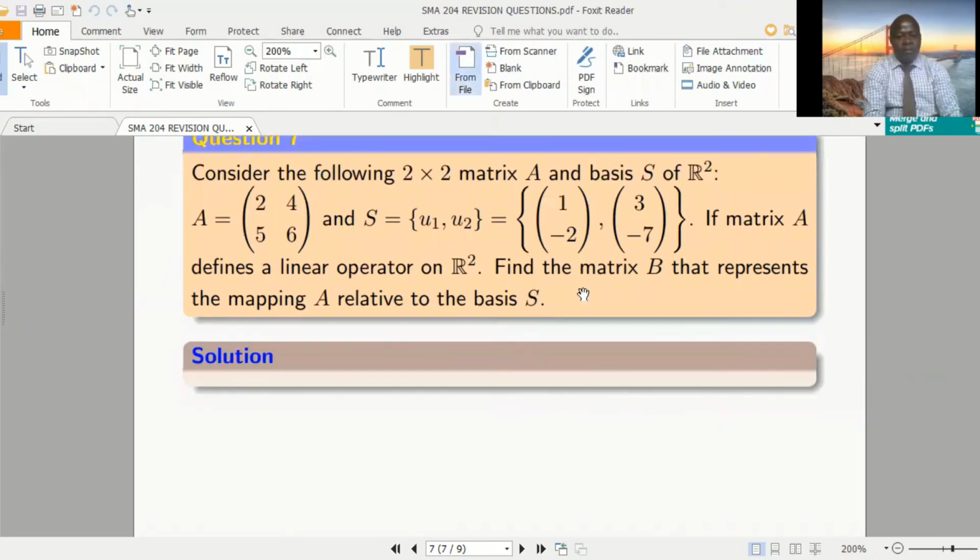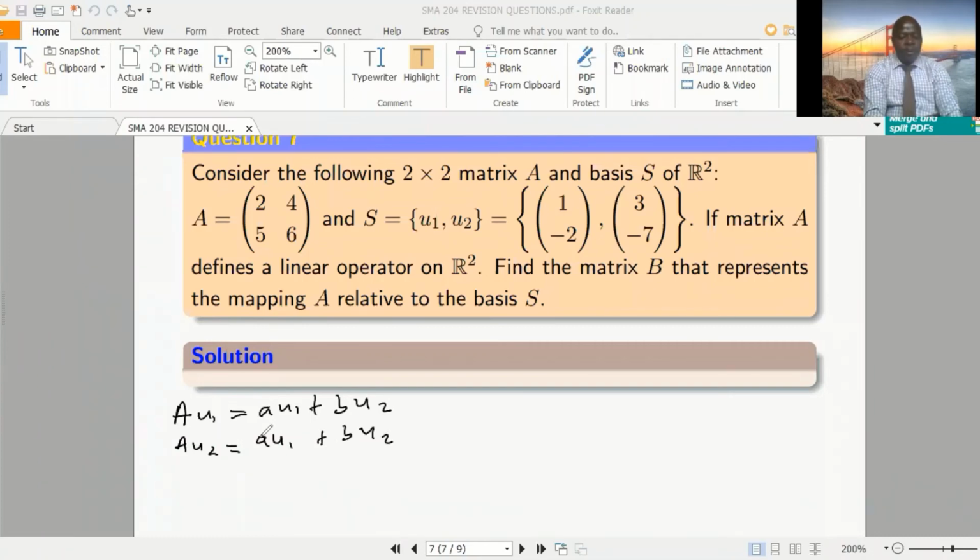Let's do the same thing as we've done in question 6. What this question wants is for us to find A of U1 and write this as a linear combination of U1 and U2, and then find A of U2 and write this as a linear combination of U1 and U2.